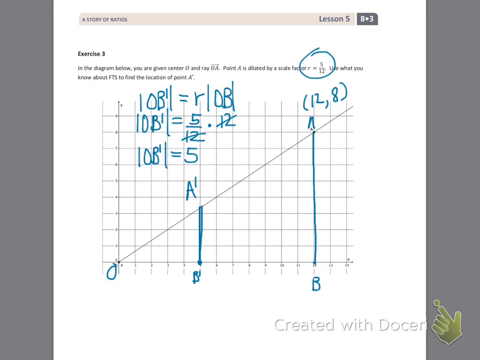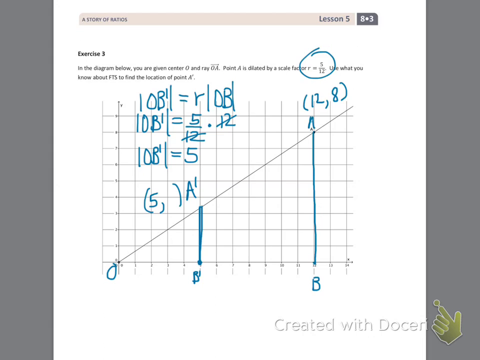Once again, segments AB and A prime B prime have to be parallel, because we're assuming we have a dilation, and we found the location of B prime, so that tells us where A prime is. But it's not on a grid line, so once again, I can calculate it. The x coordinate of A prime is going to be 5. The y coordinate is not on a grid line, so I'm going to calculate it.